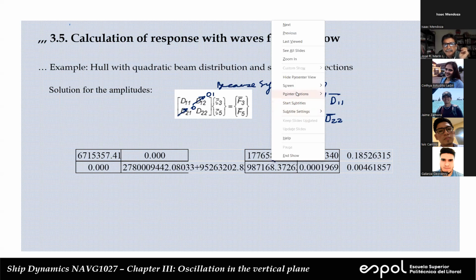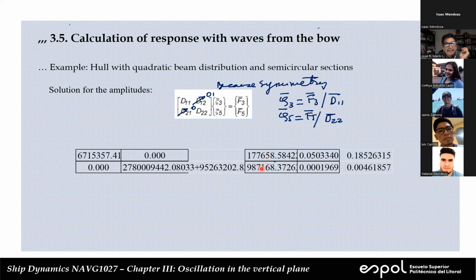This and that are F3 and F5, and they both are also complex. And here, this is the quotient between this divided by that. This is this operation.